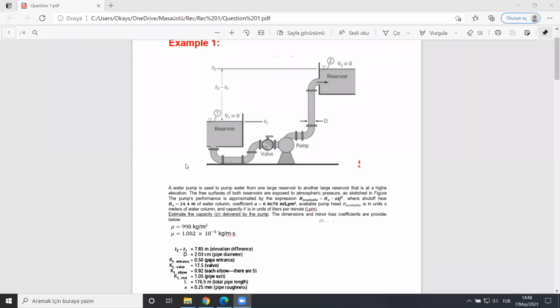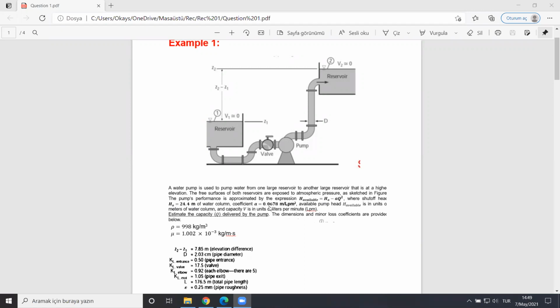The pump's performance is approximated by the expression H available is equal to H0 minus A Q squared, where the shutoff head is equal to H0, and that is 24.4 meters. Shutoff head means the pump head when the discharge is 0.